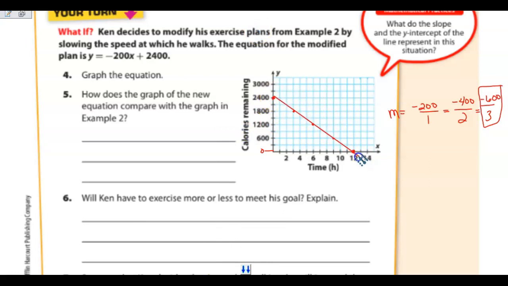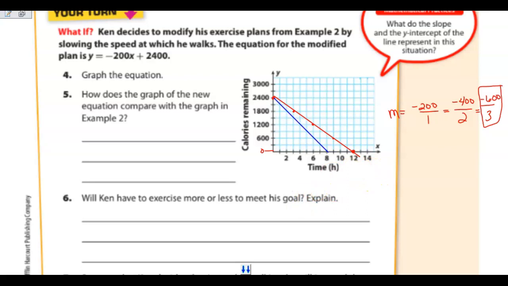Going through here. So how does this graph compare to the other one? Well, let's change our color here. This is our original, and it said it was going to take 8 hours to burn 2,400 calories.